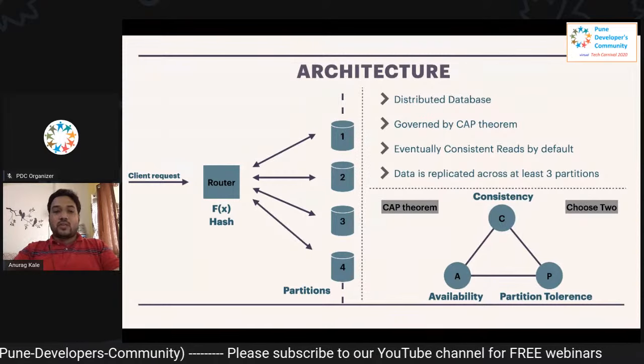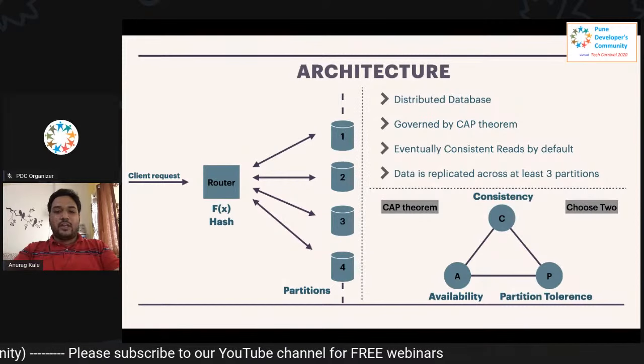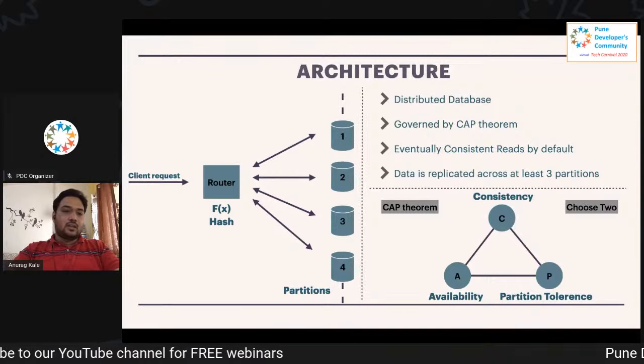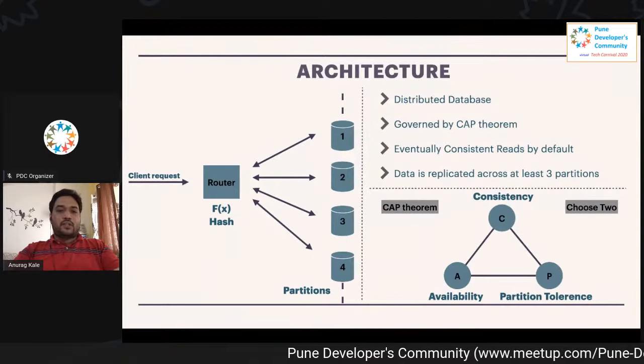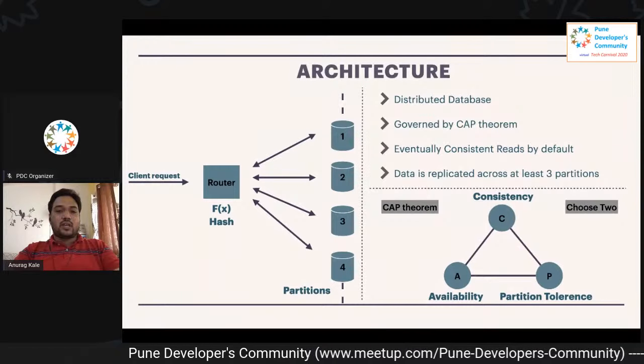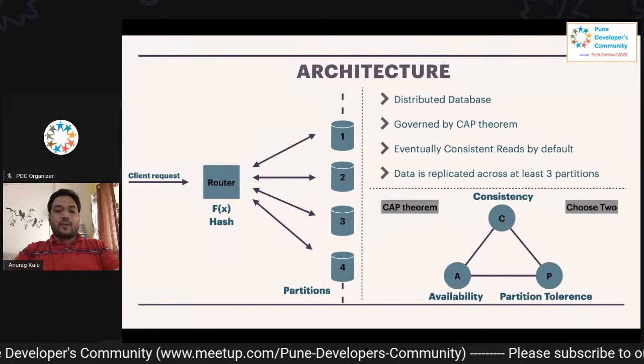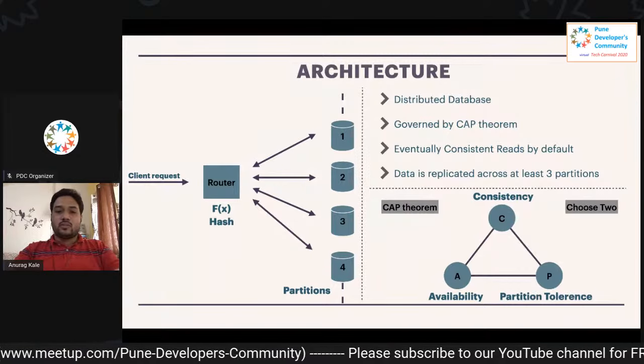On the left side, you see, very vaguely, the architecture. There is something called a router, which has the addresses of different nodes that are present in our distributed system.